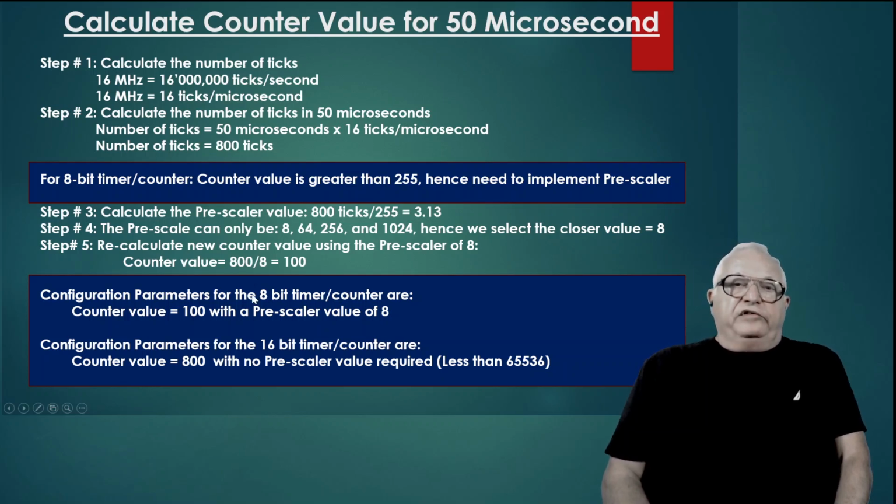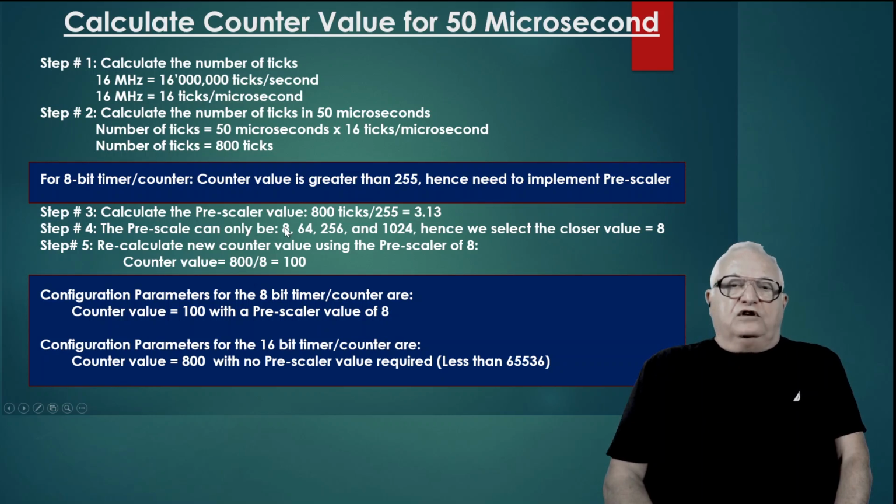So to recap, we first calculated the number of ticks, which was 800, which was greater than our register value, which is 255. So we had to use prescalers. So what we did is we divided our 800 number by 255 and calculated this particular number, which we would use originally as prescaler, but we have a predetermined number that we can use as a prescaler.